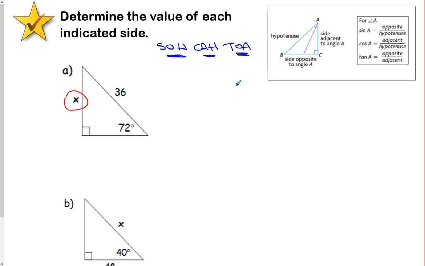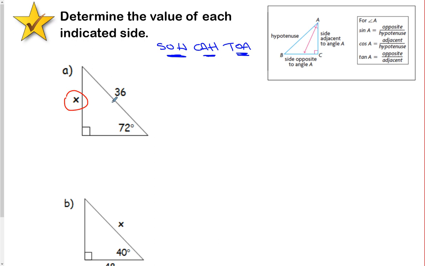That will tell me which trigonometric ratio I'm supposed to use. So I want to know this side. I already know this side, and I know this angle. I could find this other angle over here because I know in each triangle there's 180 degrees, so I could find that angle that I don't currently know, but I think I probably don't need to do that.